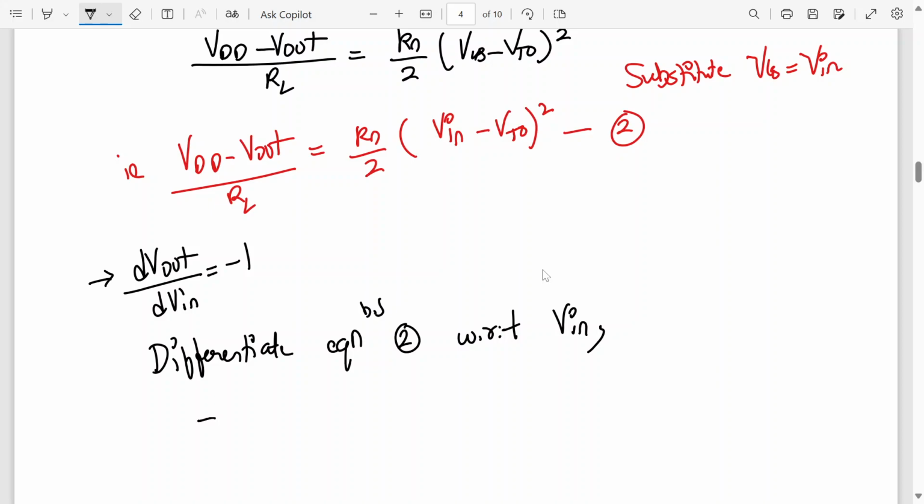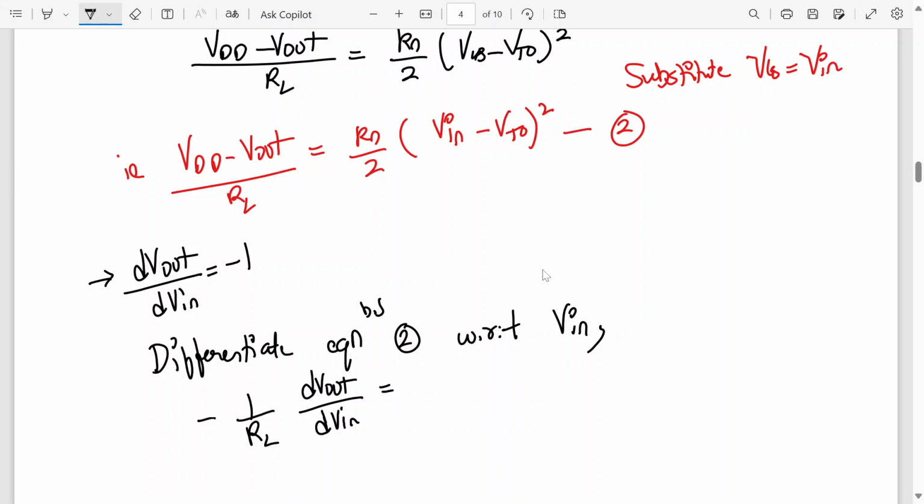Then you're left with minus V out upon RL, so the left hand side will be minus 1 upon RL times dV out by dV in. VDD is a fixed term, only V out matters.